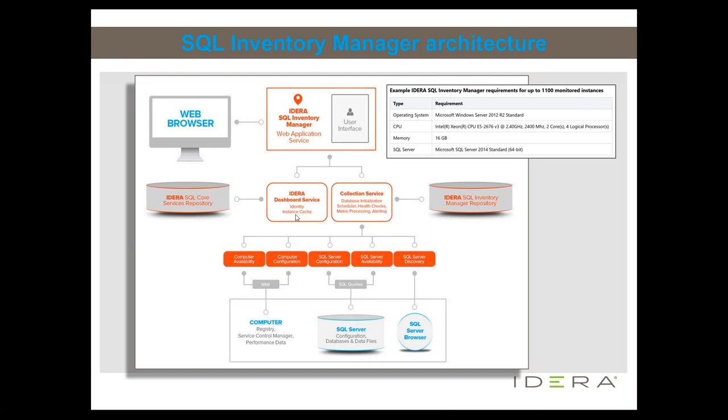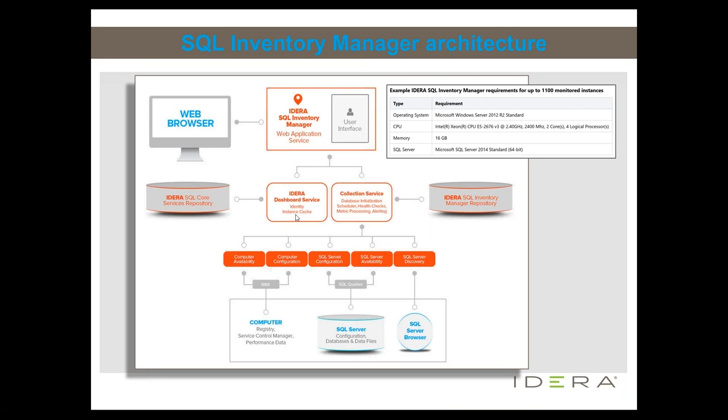Down at the bottom, it displays different options for discovery, like I said, through WMI or RPC, technically, to reach out to the registry or the service control database. Also through WMI, it gathers some of the relevant performance metrics as well. There's not a lot of performance metric data in here, but, for example, getting some of the CPU information.